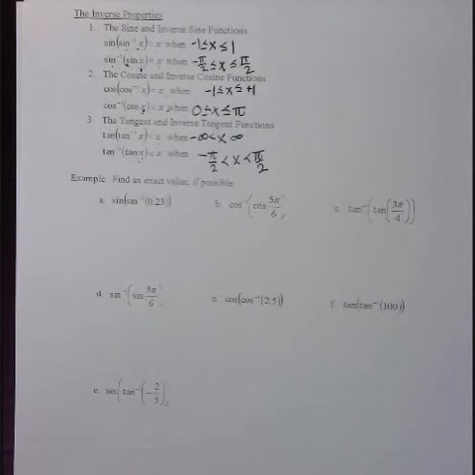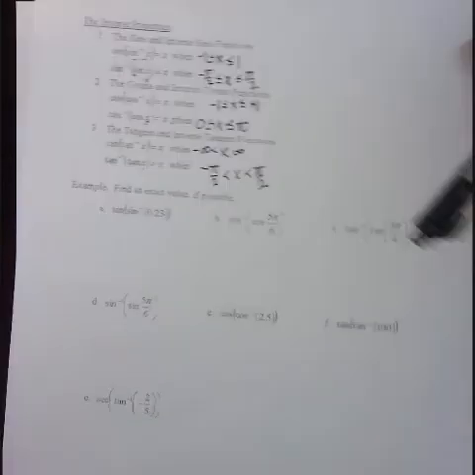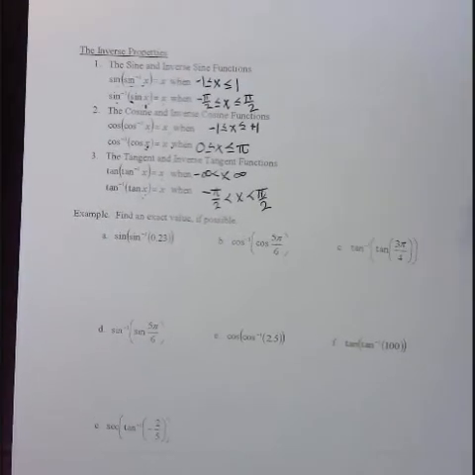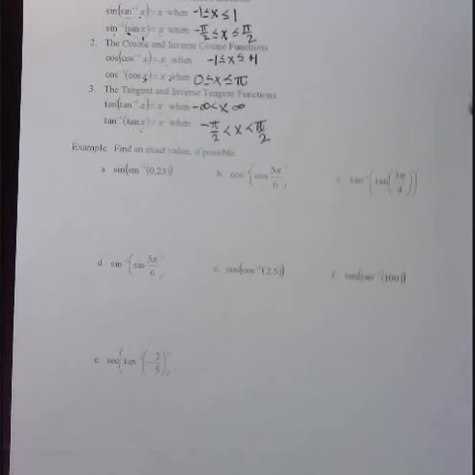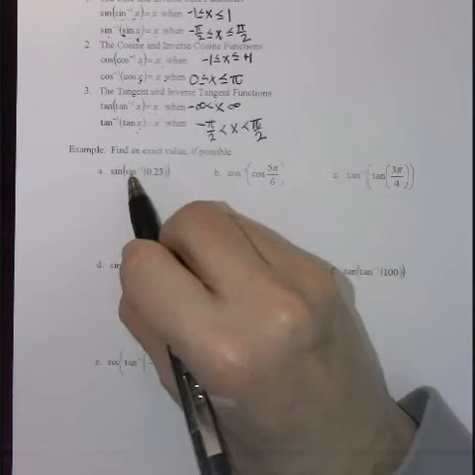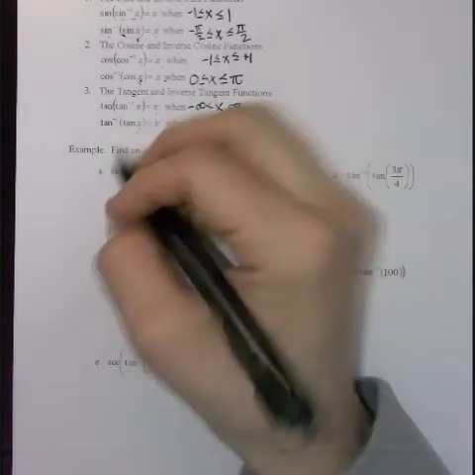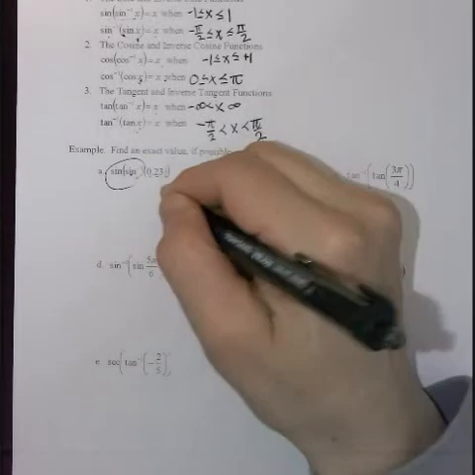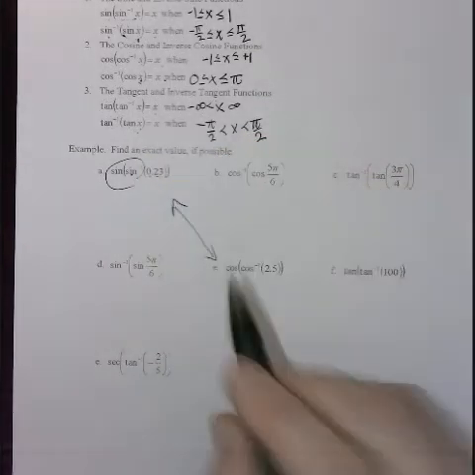Okay, so let's do some examples. We don't need a calculator for any of these, so let's see what happens. So sine of sine inverse of 0.23. What people want to do is look at this and say, oh, those just cancel and I get 0.23. Well, that works fine for this one, but let's compare these two. This is cosine inverse instead, right?